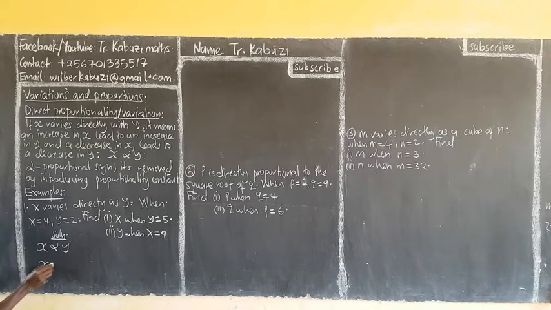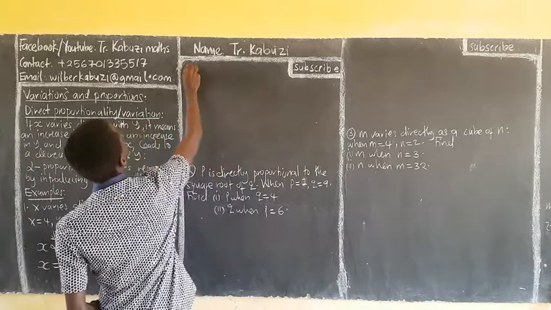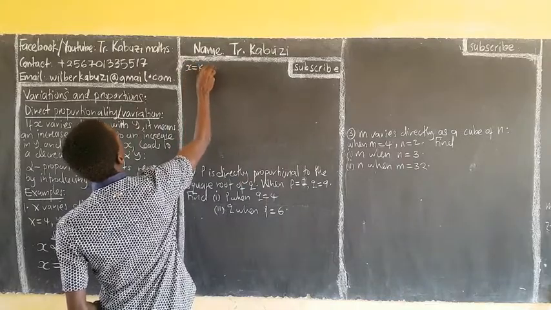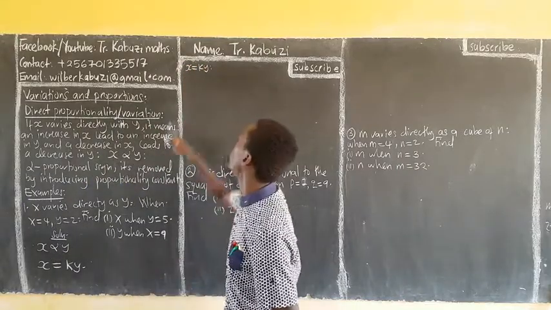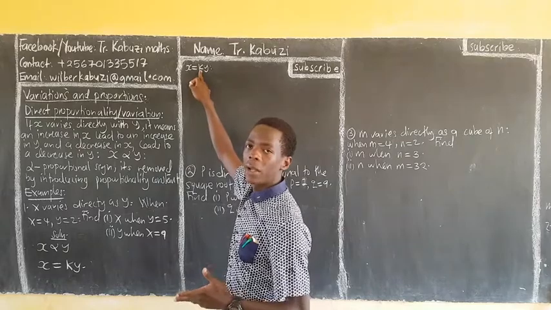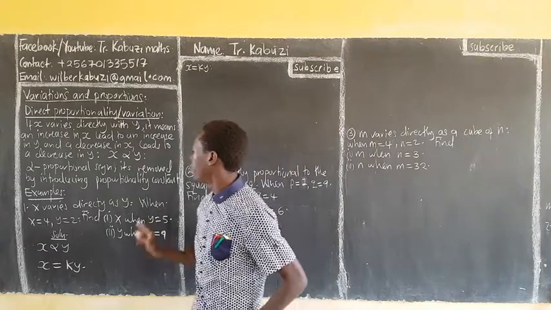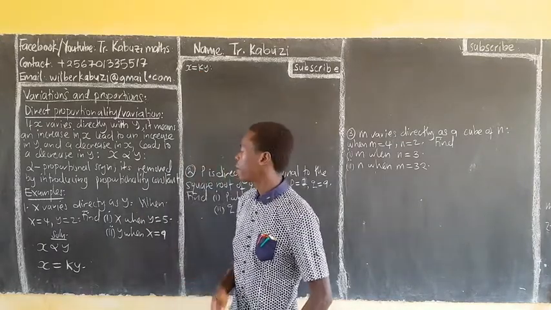How? So x now is going to be, when you introduce the equal sign, you put k as your proportionality constant. So from here, x is equal to ky. Now you need to know the value of k. So they are going to give you information in the question to get that value of k. How?